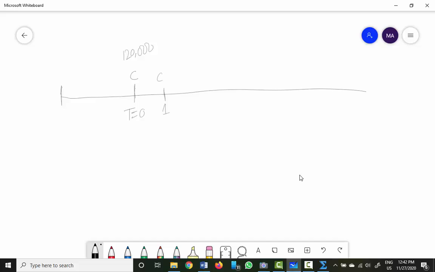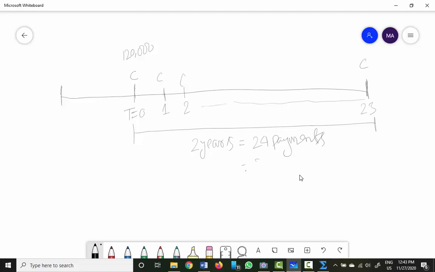So at period 1 also C, at period 2 also C, and like that. So here also C. So in total 2 years is 24 payments, 24 months, that is 24 installments, that is 24 EMI.